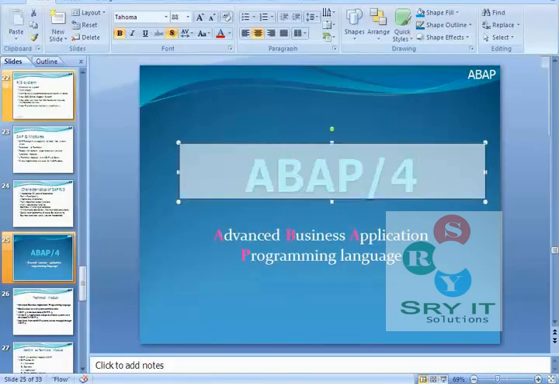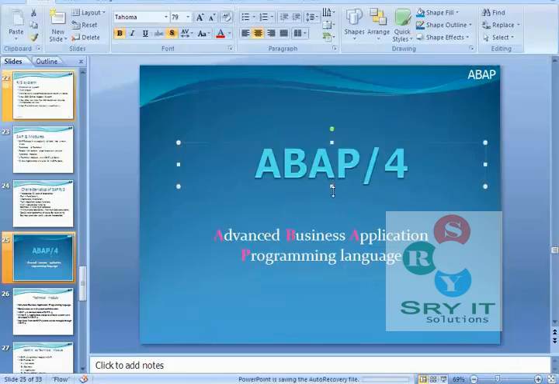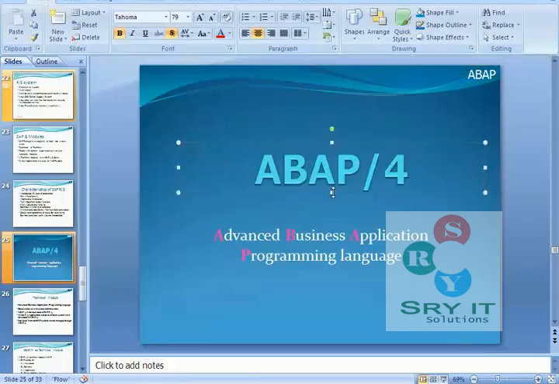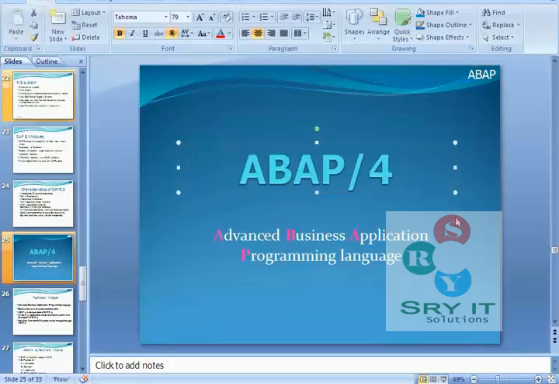Is it only SAP who calls ABAP a fourth generation language, or does somebody else acknowledge that too? Yes, only SAP calls it a fourth generation language.